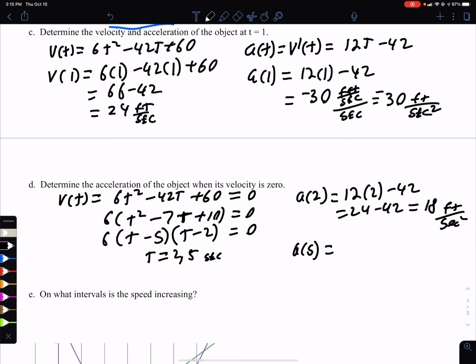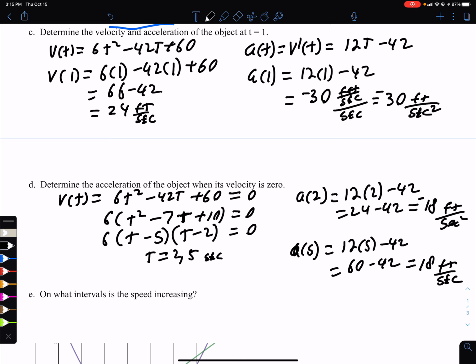I plug in 5. That's 12 times 5 minus 42, which is 60 minus 42. And I believe that's also 18 feet per second squared. Now, oh, the first one's negative. I thought they were different.